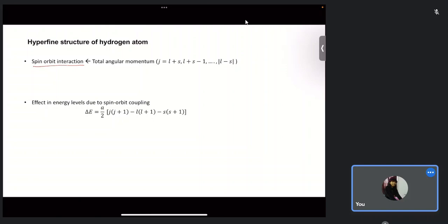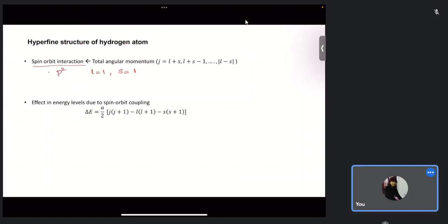For example, if you have a P2 orbital, it is going to have an L value of 1 and an S value of 1.